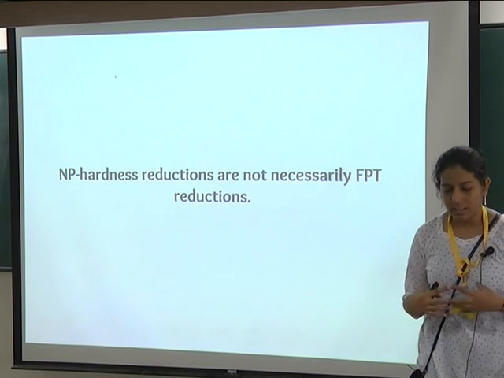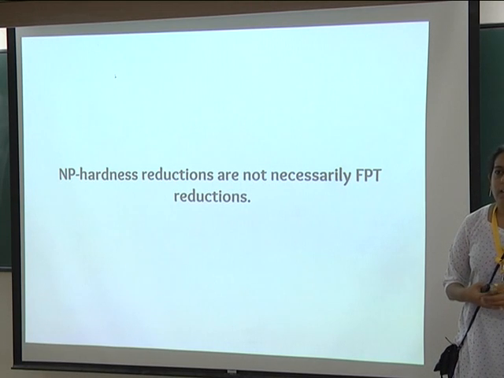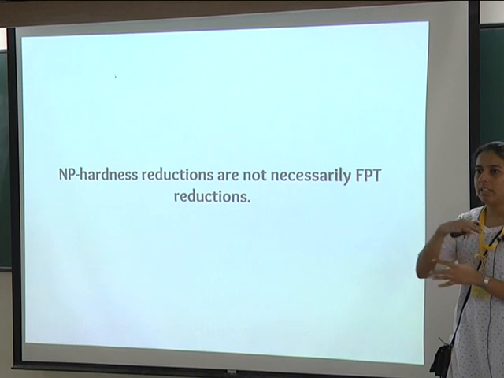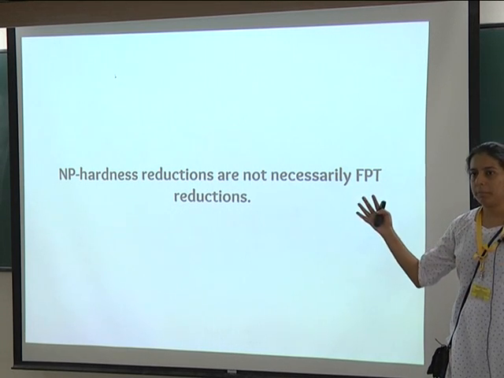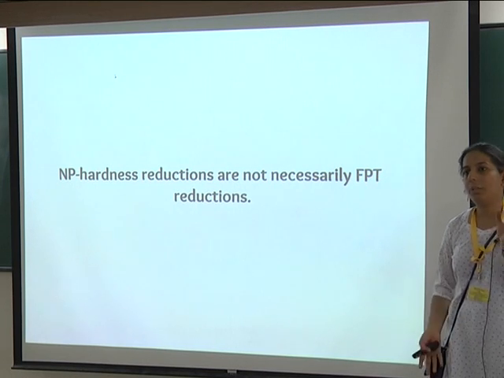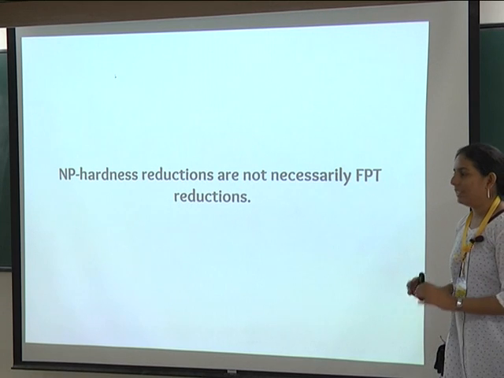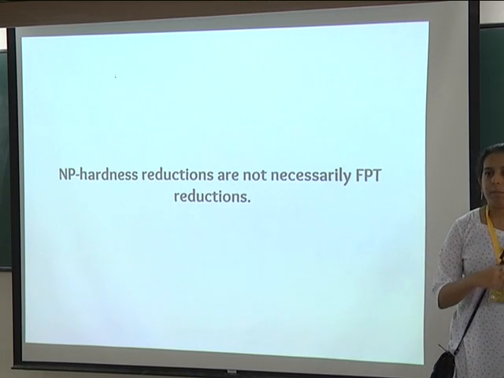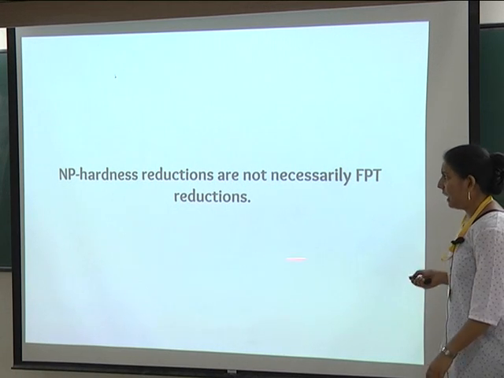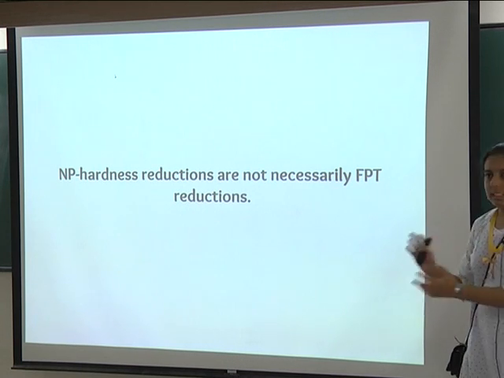And at a big picture level, that's a lot of the reason that we do parameterization, because it gives us a finer classification of the problem space. Because if every NP hardness reduction was an FPT reduction, then all problems would be equally hard, even in the parameterized setting. The whole point is that some NP hard problems are hard in the parameterized setting, but some of them are easier. And that difference is illustrated very nicely in the vertex cover and independent set dichotomy.